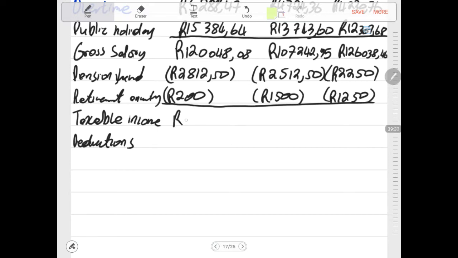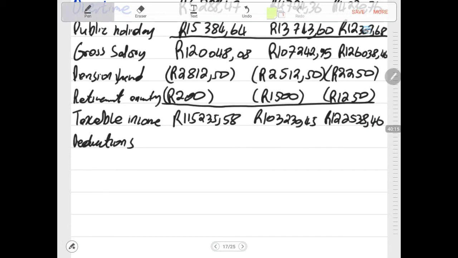Then our taxable income is 115,235.58 cents, and here we have 103,230 rand 45 cents, and the last one we have 122,538 rand 46 cents.